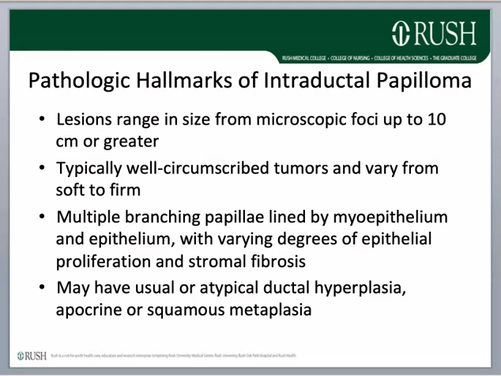Histologically, they're composed of multiple branching papillae lined by myoepithelium and epithelium, so the normal bilayer, with varying degrees of epithelial proliferation as well as stromal fibrosis. The epithelium may be modified to show usual or even atypical ductal hyperplasia or apocrine or squamous metaplasia.